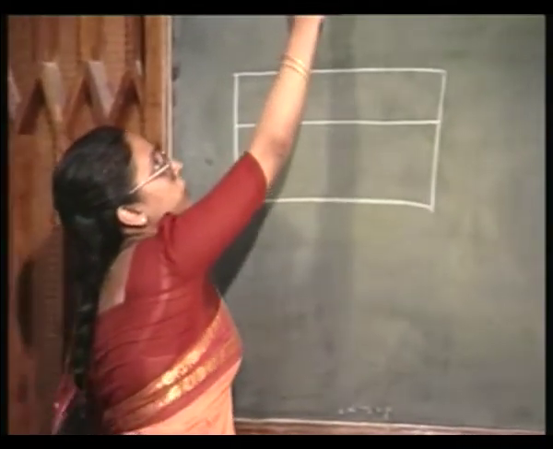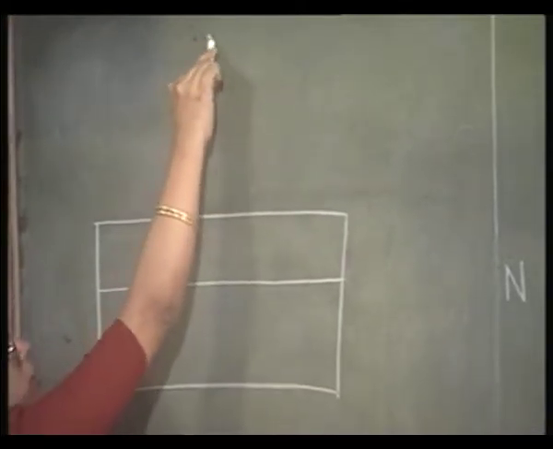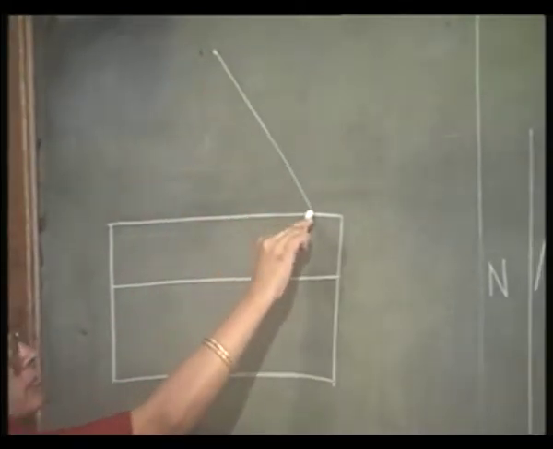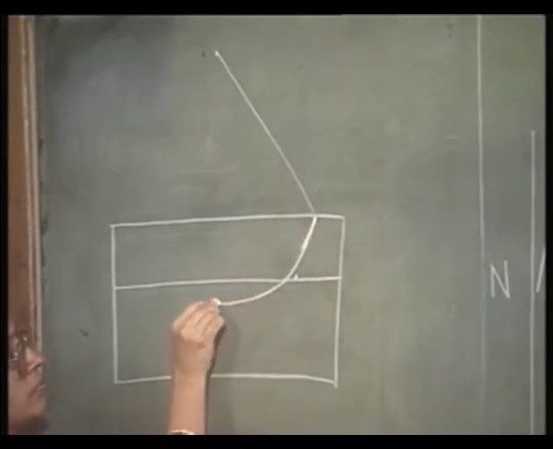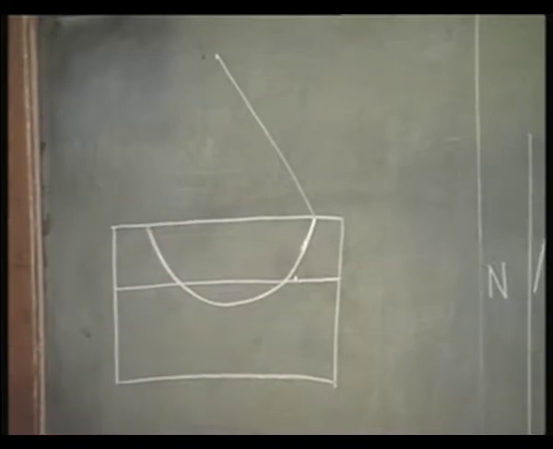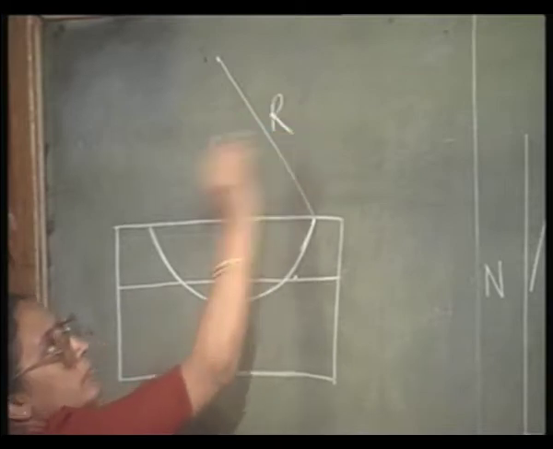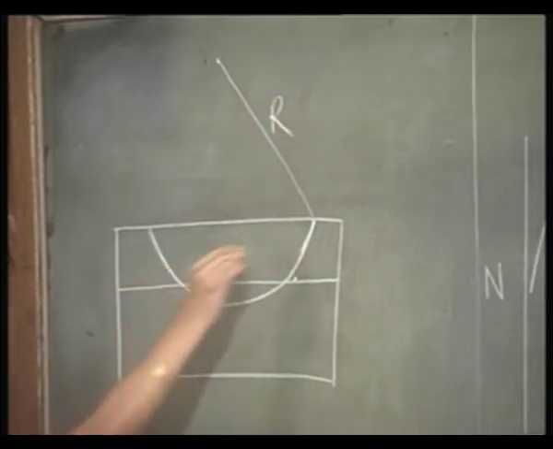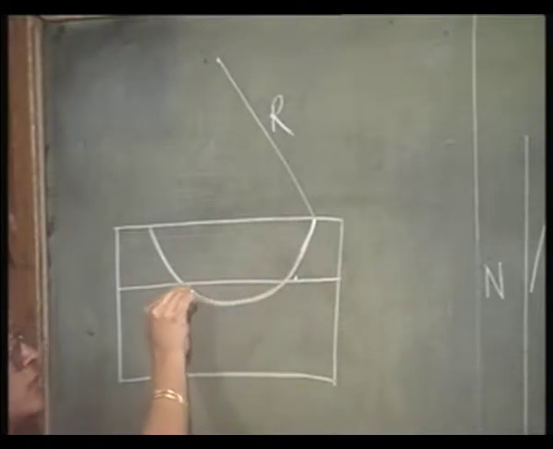That is, you have a cylinder with a particular radius r and you use it to grind a groove like this. This is r. And this is the groove you have ground in the semiconductor.